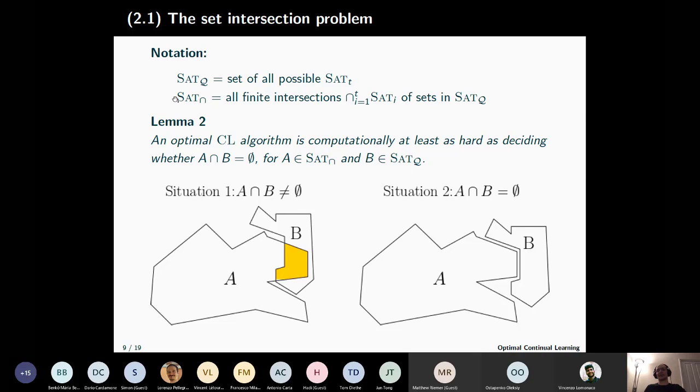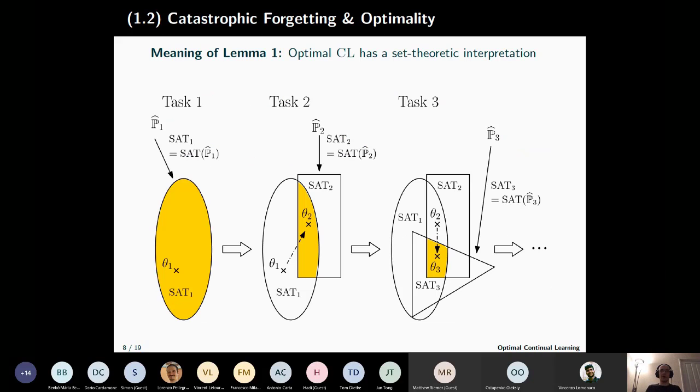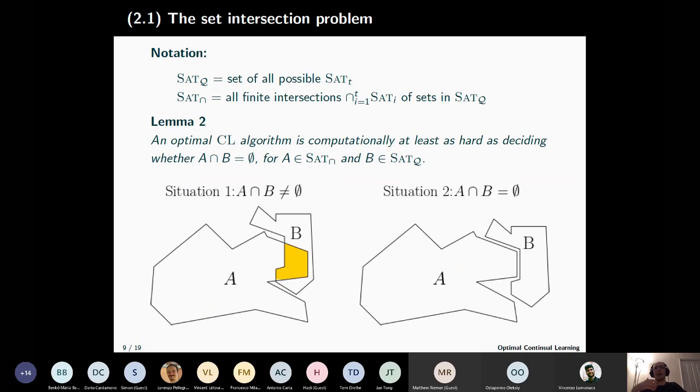And similarly, the sat intersection set gives you all the possible finite intersections that you can encounter by looking through the set sat Q. So we have 2 collections of sets, and we know from this picture what happens. We get at each time point an element from set Q, and we need to intersect it with previous intersections. So what we know is that optimal continual learning is computationally at least as hard as deciding whether or not there actually exists a parameter value in that intersection or not.